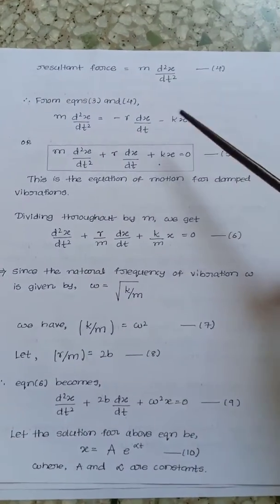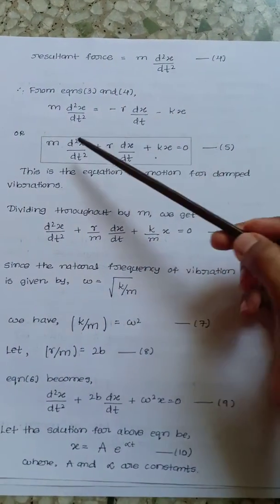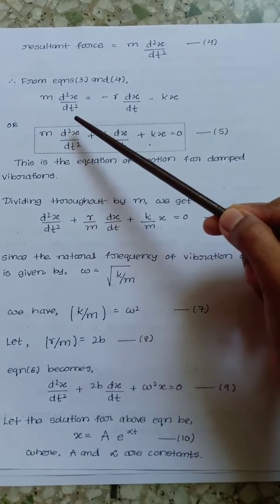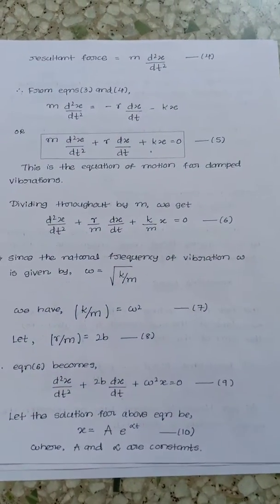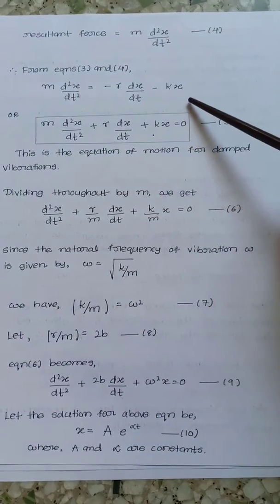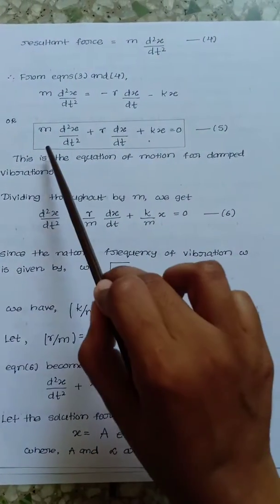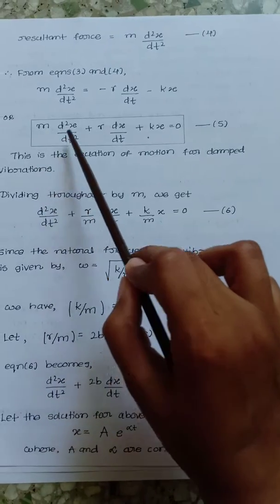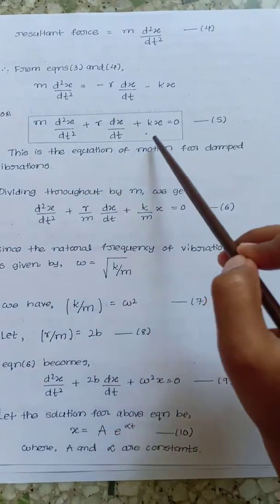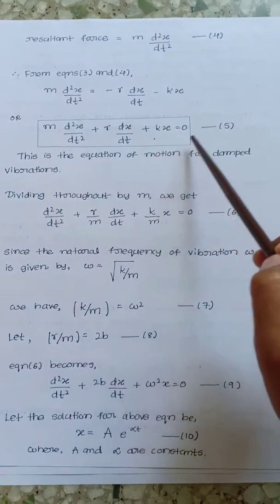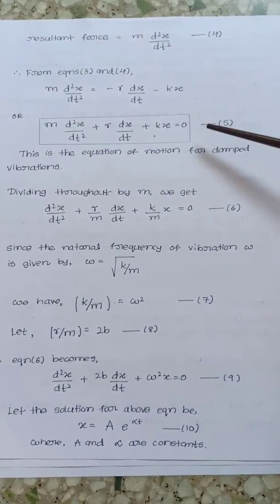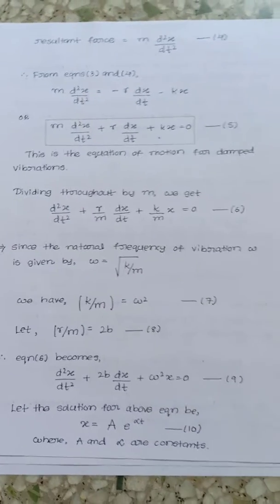Now from equations 3 and 4, m into d square x by dt square is equal to minus r into dx by dt minus kx. Or we can write it as m into d square x by dt square plus r into dx by dt plus kx is equal to 0. So this is the equation of motion for damped vibrations.